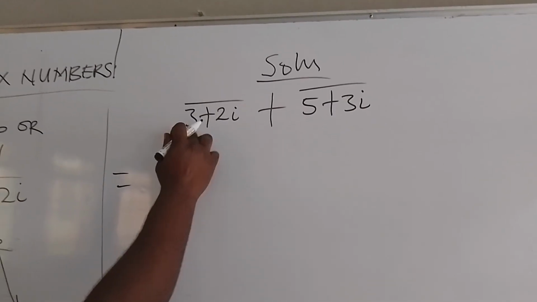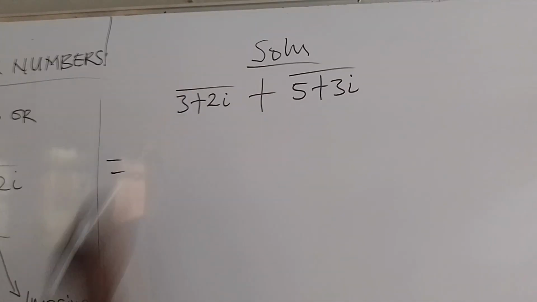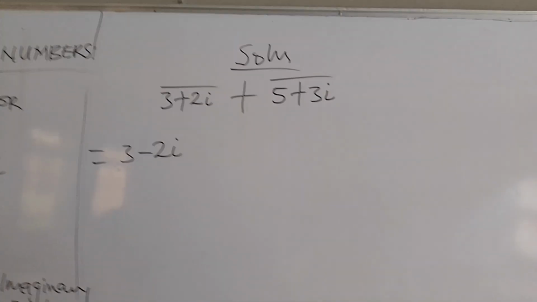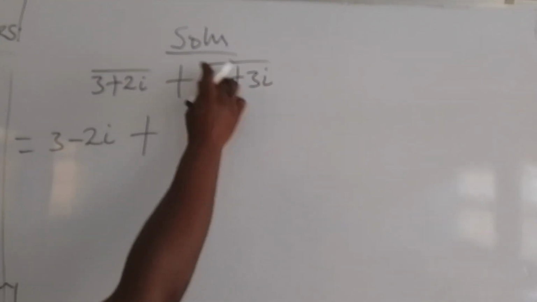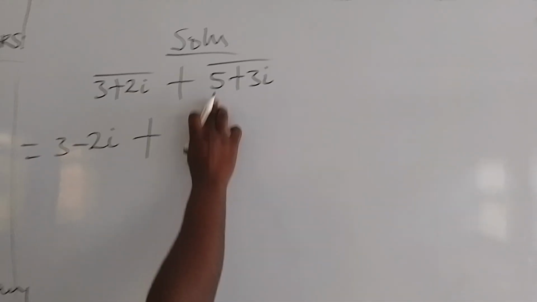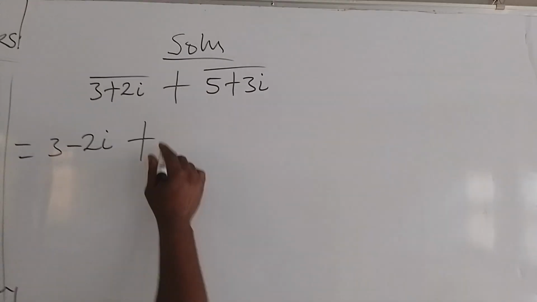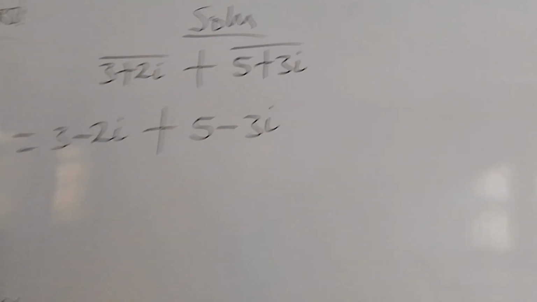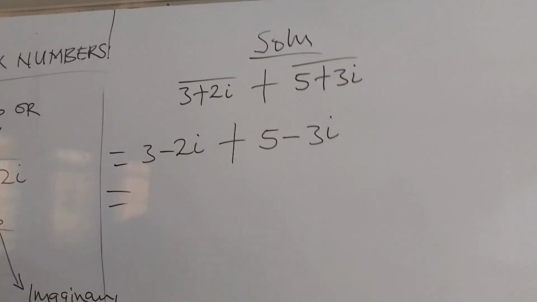The operation between the real part and the imaginary part is plus, so here we now have 3 minus 2i. What do we have here? Plus. The operation between the real part and the imaginary part is minus. So if you conjugate this complex number, here will be 5 minus 3i.